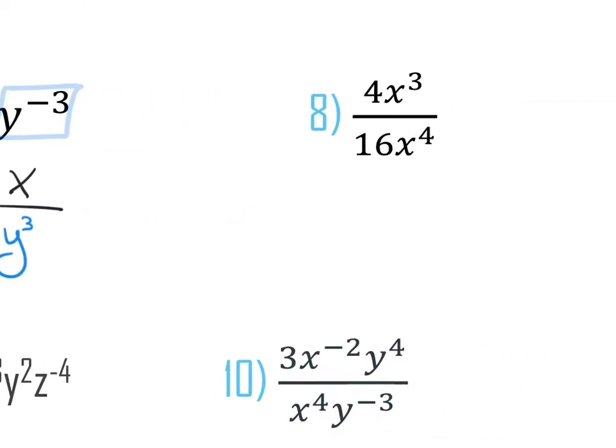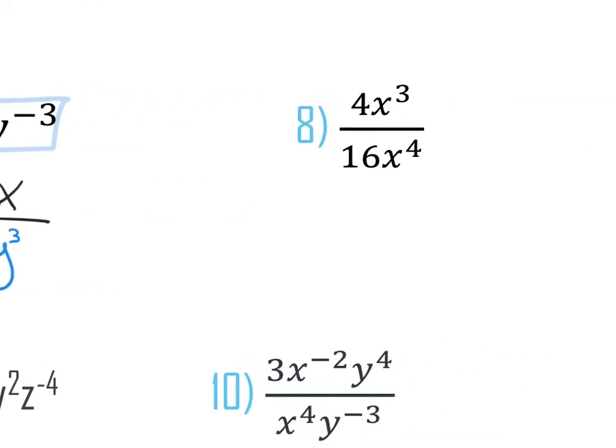Number 8. I need to simplify the fraction, so I need to simplify the 4 over 16. I can reduce this to 1/4. And then for the exponents, I'm going to subtract them because I'm dividing here. So I would do x to the 3 minus 4 power. I get x to the negative 1.